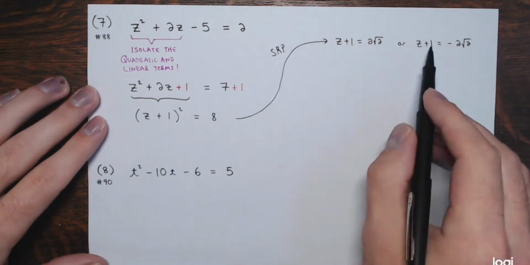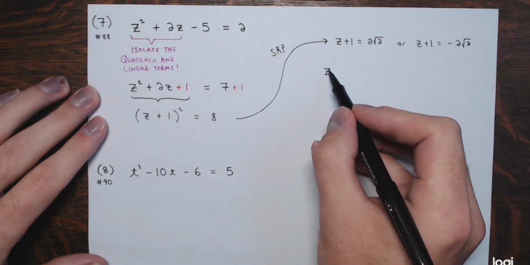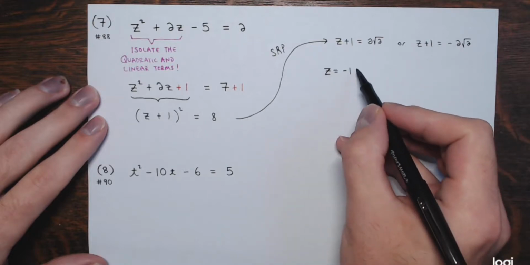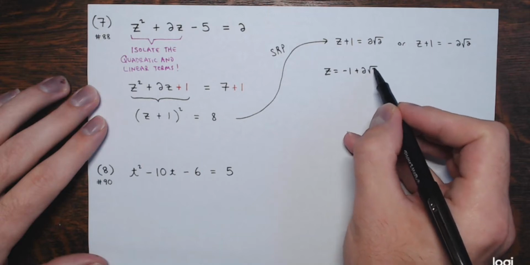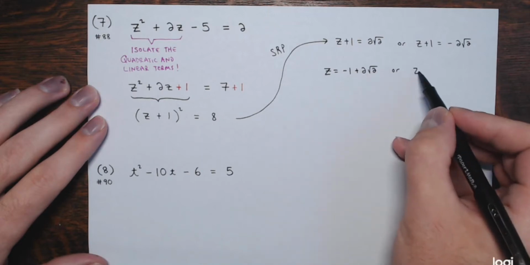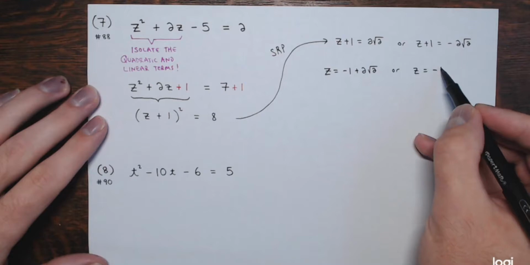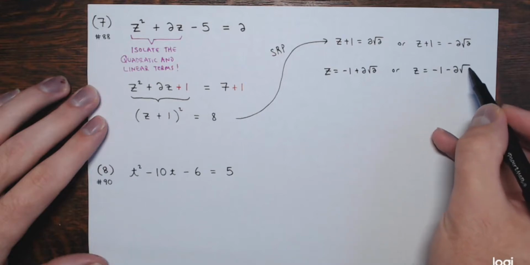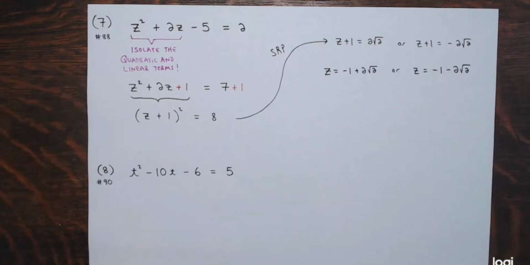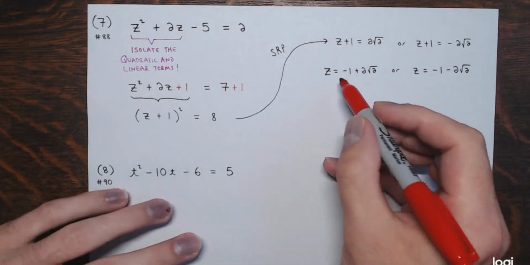And then I'm subtracting 1 from both sides. So z equals negative 1 plus 2 root 2, or z equals negative 1 minus 2 root 2. And those should both work. I leave it to you to check, though.